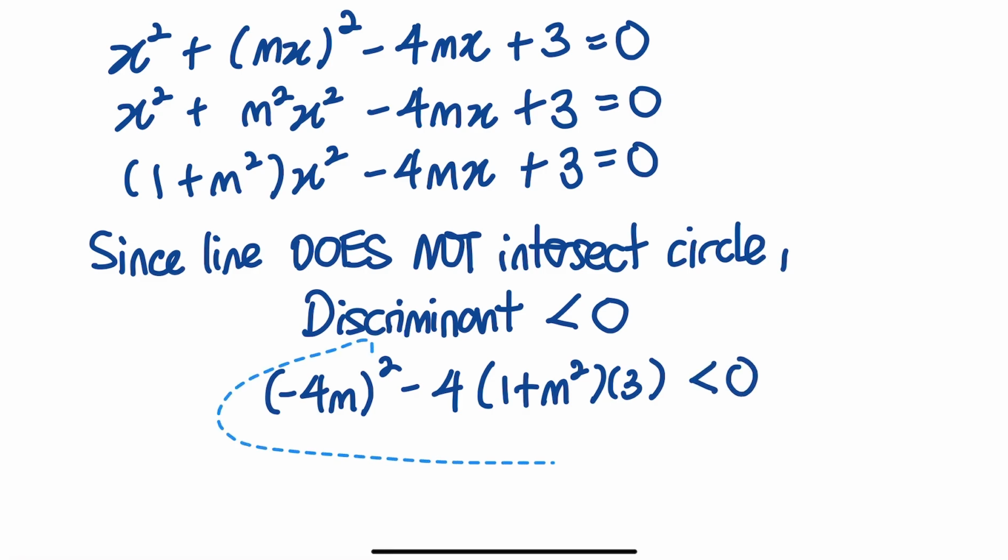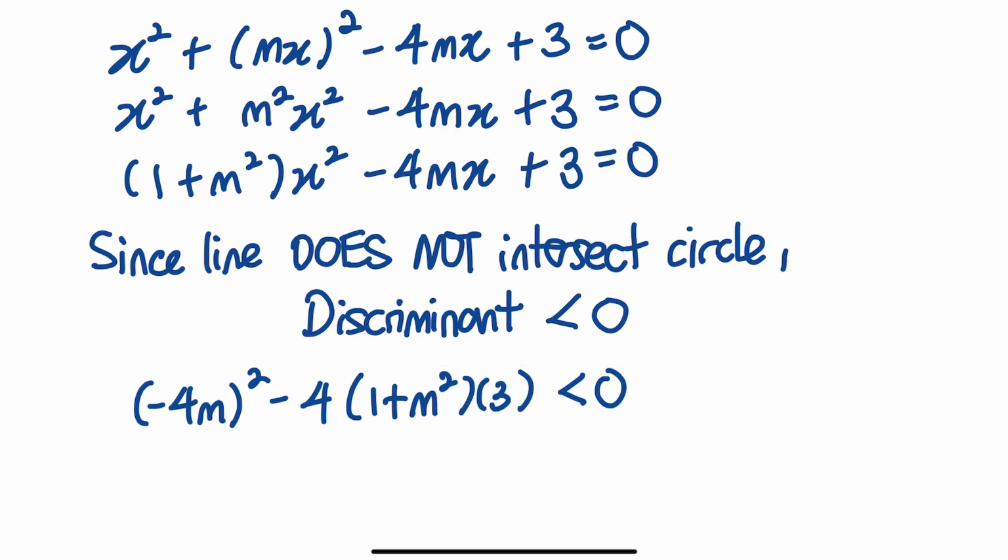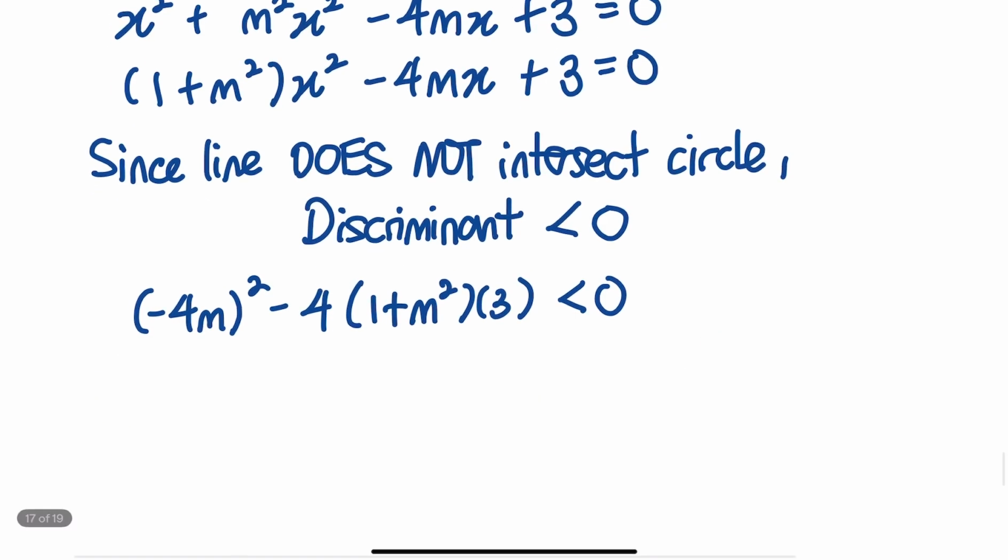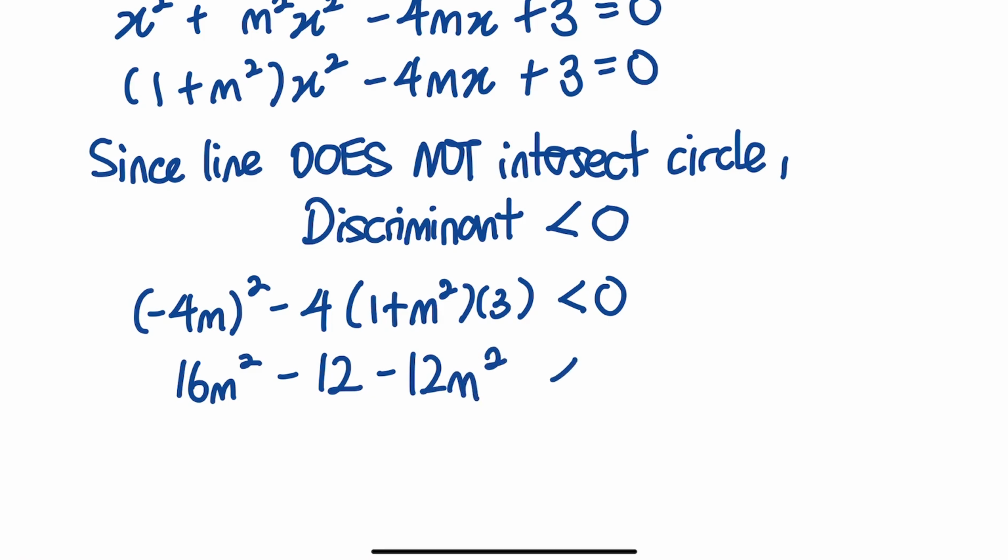Okay, so over here, I just expand and simplify. I'll get 16 minus 12 minus 12m squared less than 0. I'll get 4 minus 12m squared is less than 0.